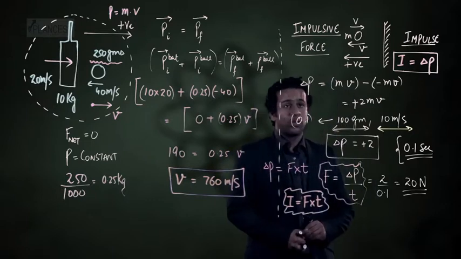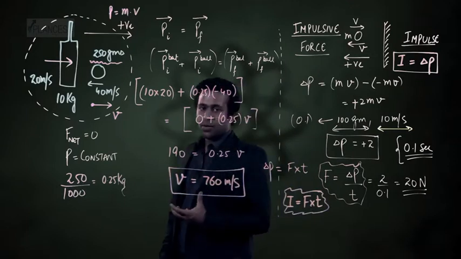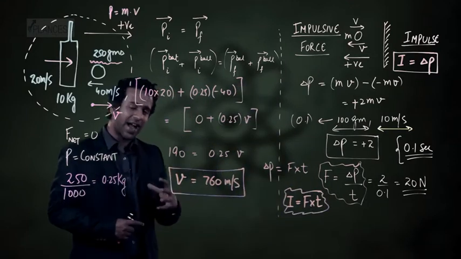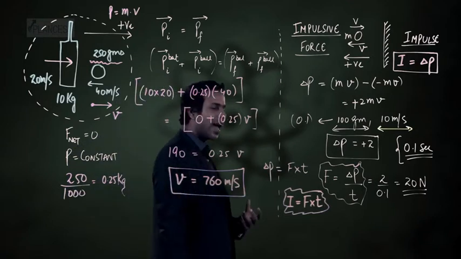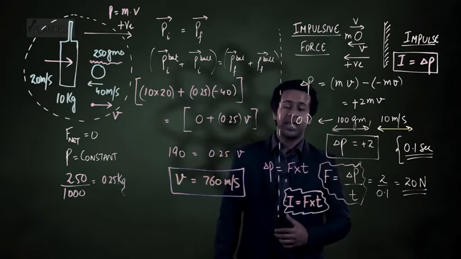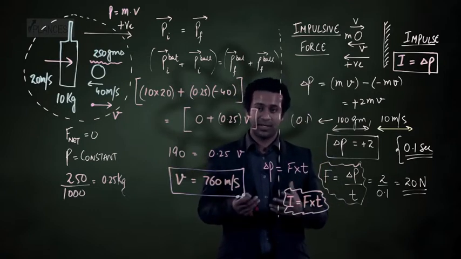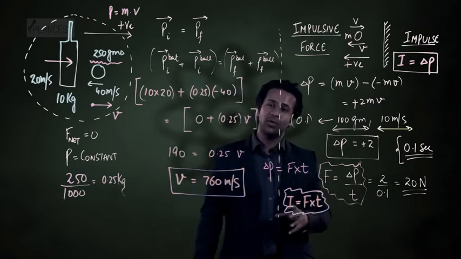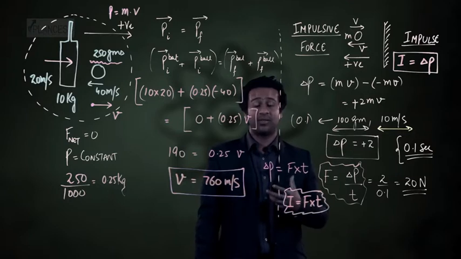Right. So to summarize this, we are talking about situations where a large amount of force acts for a very small interval of time. And whenever such a thing happens, the force which acts is called an impulsive force. And the change in momentum that we see is called impulse. So impulse is nothing new but only a name given to the change in momentum that we see.